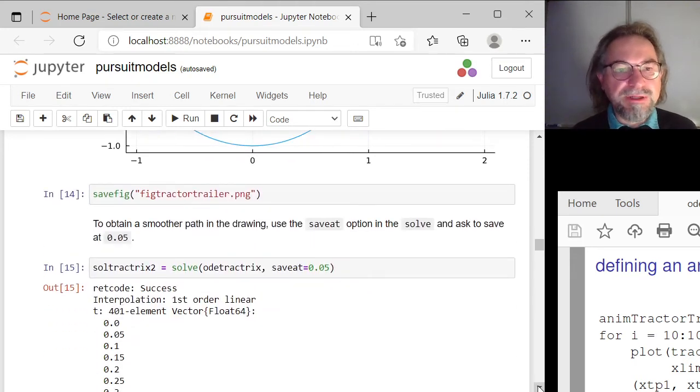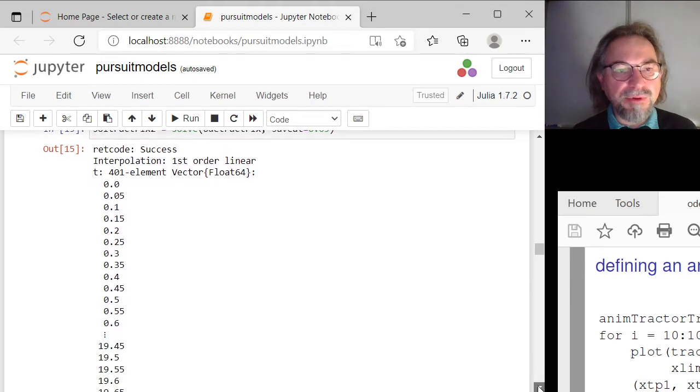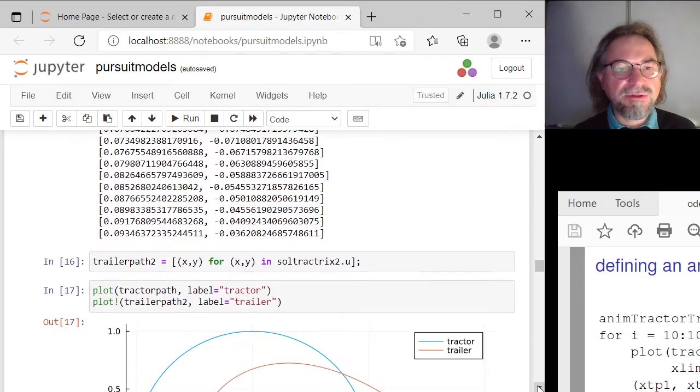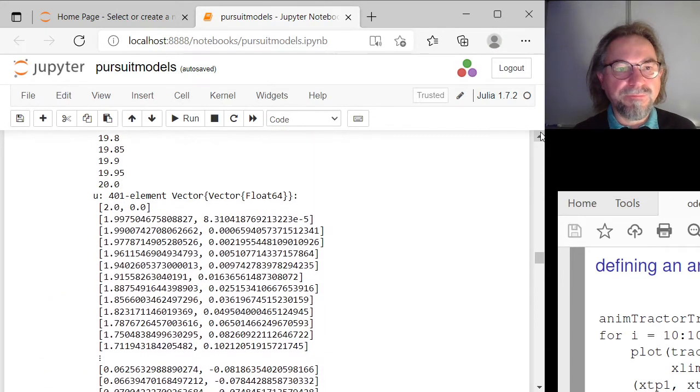Then we solve the ODE problem again, and now ask it to save at 0.05 as the time step, and now you see that we have a much longer array.